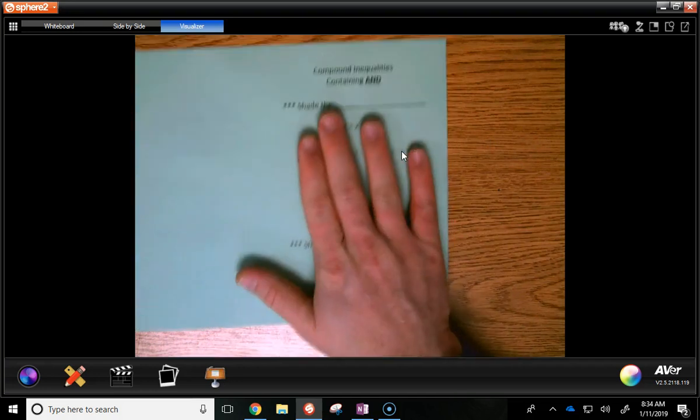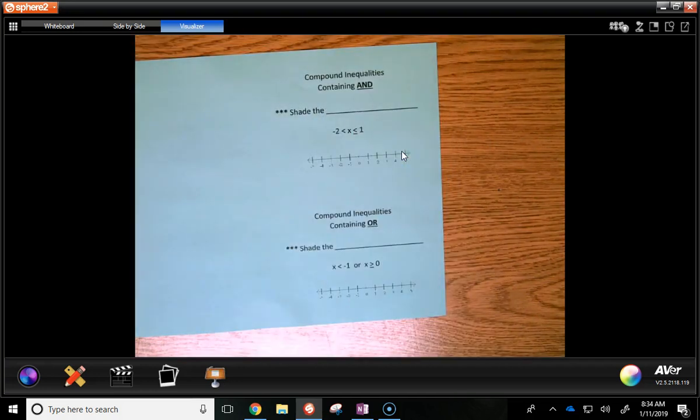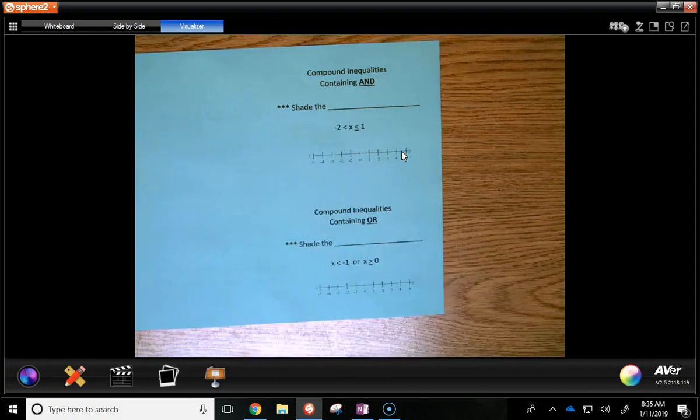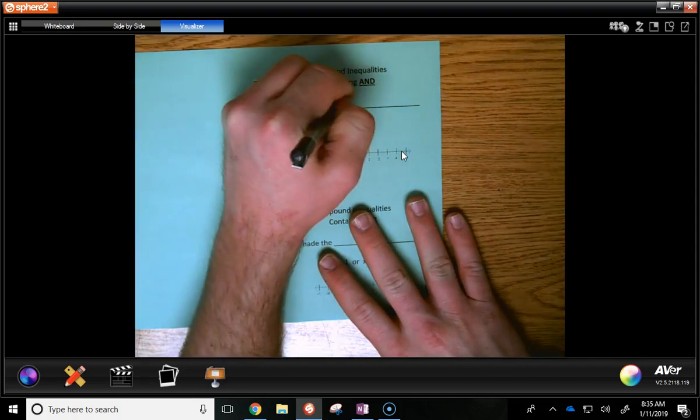But our first thing up here, it says compound inequalities containing and. Okay? So the first thing, when we are working with compound inequalities using the word and, you will shade the intersection.